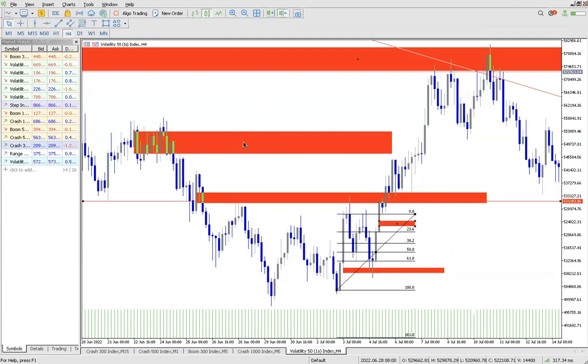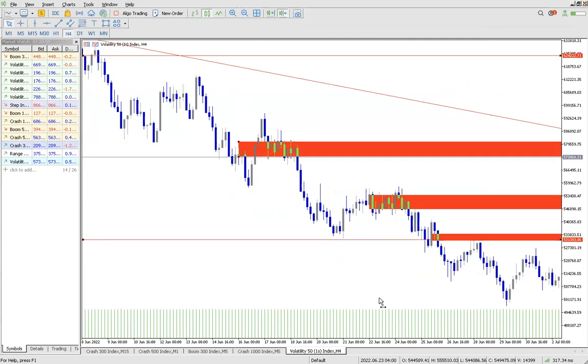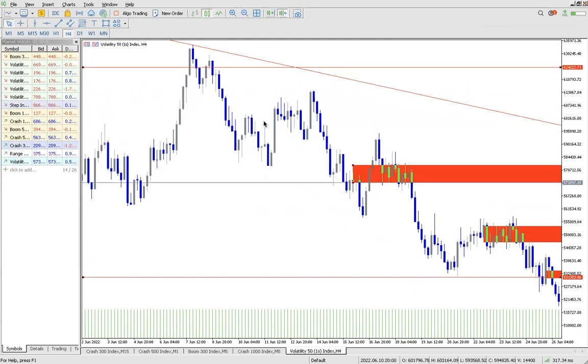And also remember, whenever you enter your trade, you always have to target your previous lows if you're in an uptrend, and when you're in a downtrend, you always have to target your previous highs. If I sell from here, then my stop loss is here. If I buy from here, then my stop loss is here.